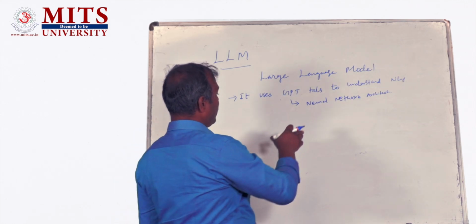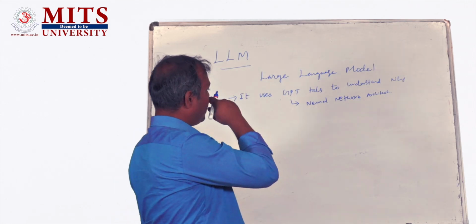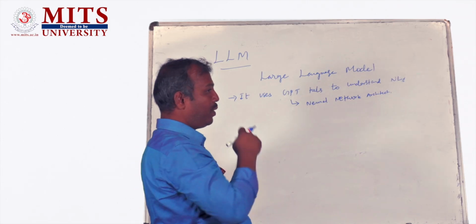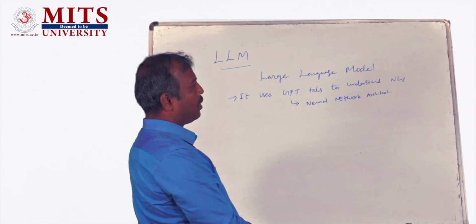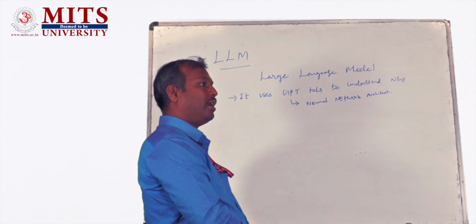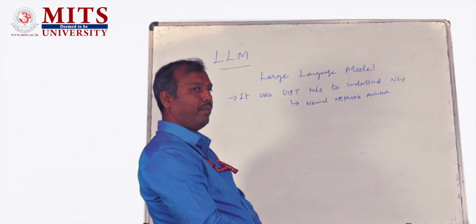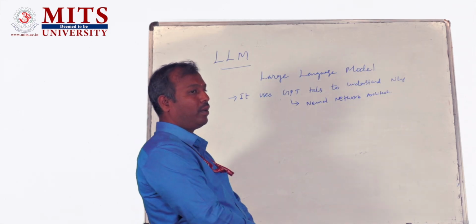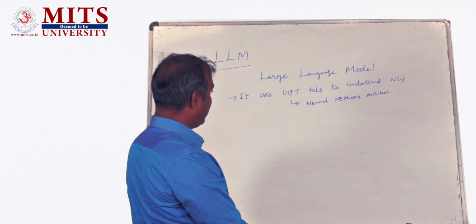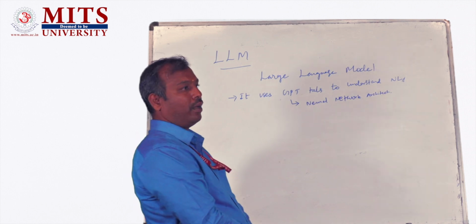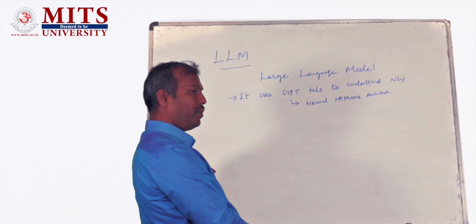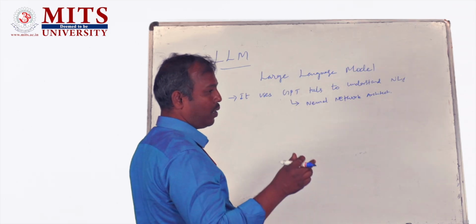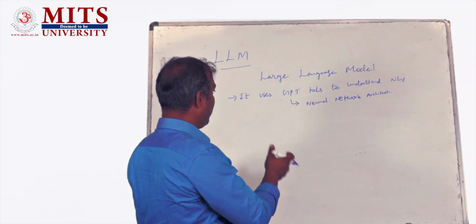What is the difference between recurrent neural network and these deep neural networks? A recurrent neural network processes the input data step by step, one by one. Whereas in deep neural network architecture, GPT is able to process the massive input data set all together, all at once. This is the major difference.